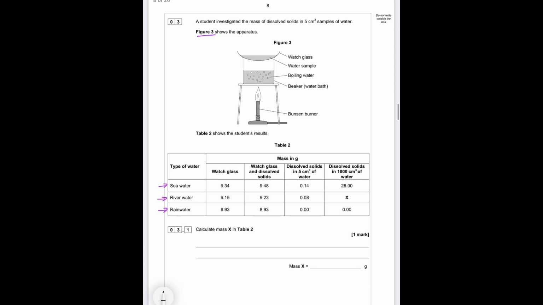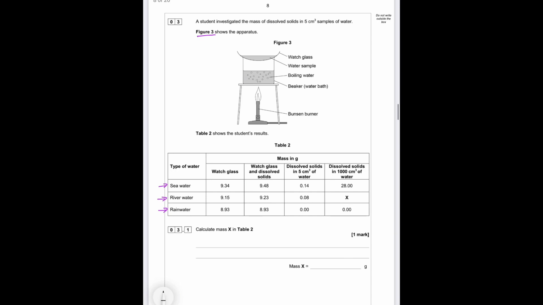So we have the mass of the watch glass, the mass of the watch glass and dissolved solid after the water's been evaporated, and then we have the mass of the dissolved solid of the 5 centimeters cubed of water, and then we're scaling up to find out the amount of dissolved solids in 1,000 centimeters of water.